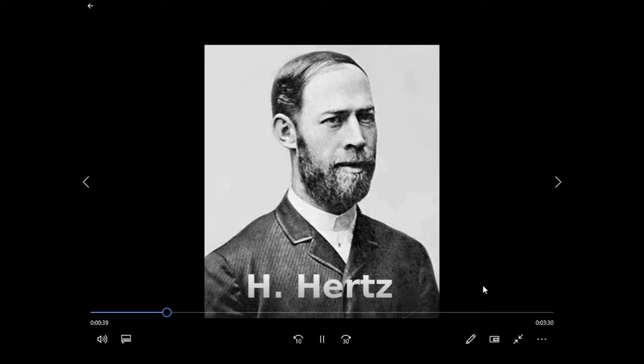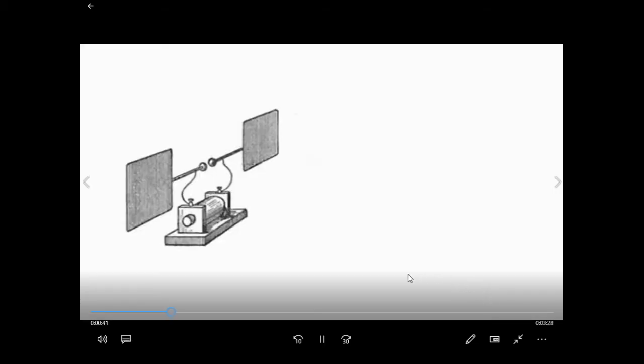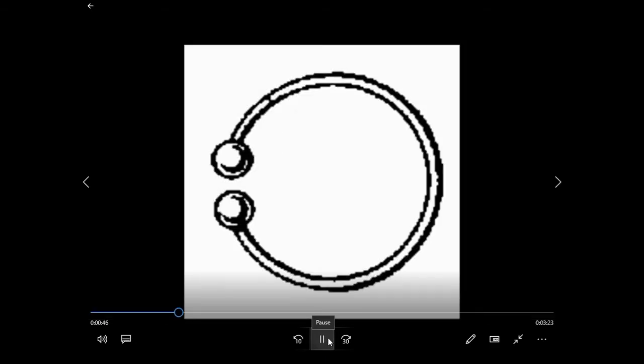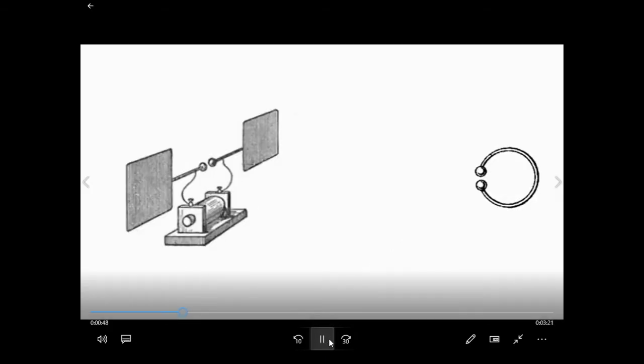Heinrich's equipment was simple: a spark generator coupled to an antenna and a metallic ring set at some distance apart. Heinrich proposed that the electromagnetic waves generated at the antenna will travel through space, and if Maxwell's theory was correct, they would induce a current in the ring.